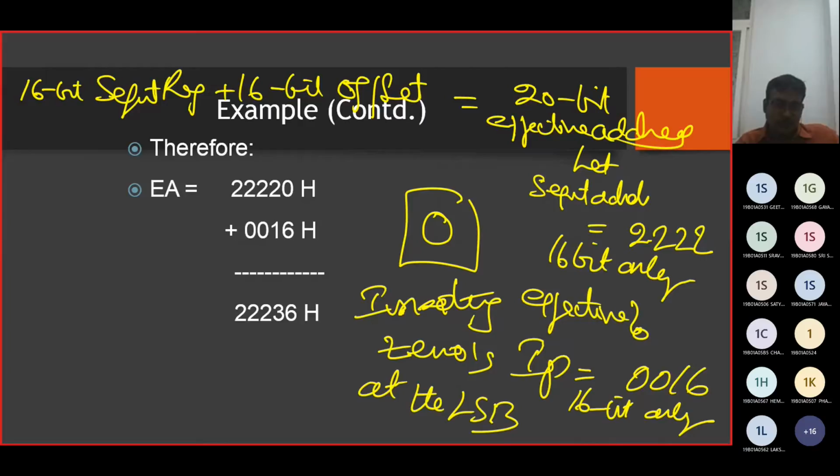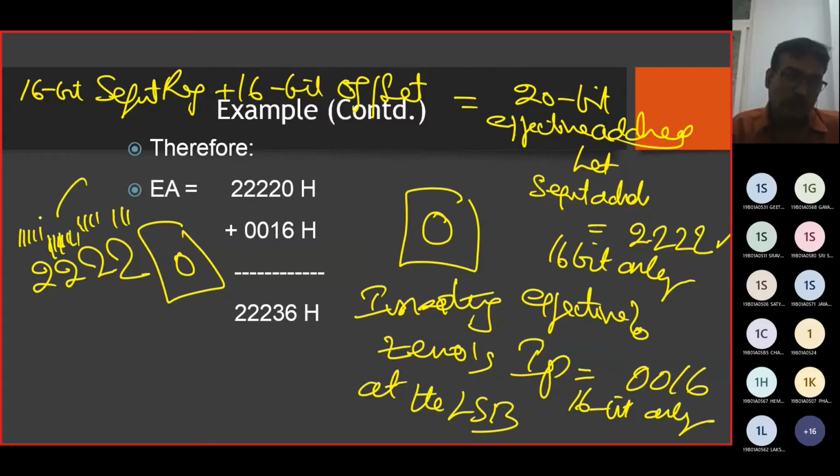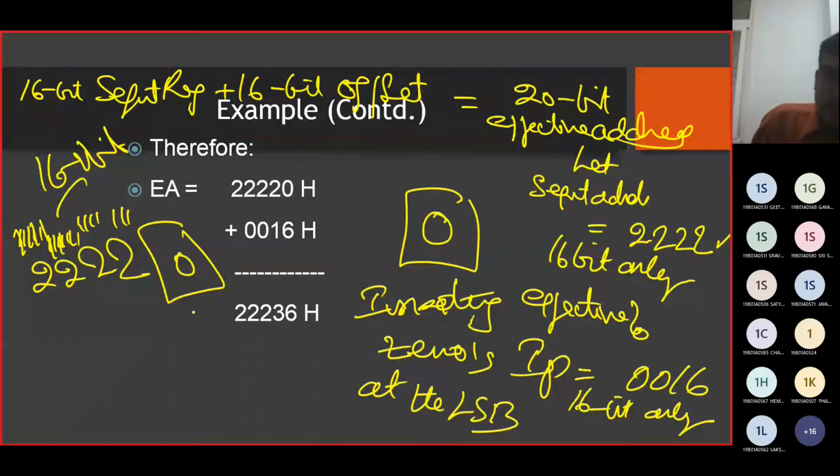So now 2, 2, 2, 2 followed by 0, then 2, 2, 2, 2, we get 1, 1, 1, 1, 1, 1, 1, 1, 1, 1, 1, 1. Totally it is going to be 16-bit.